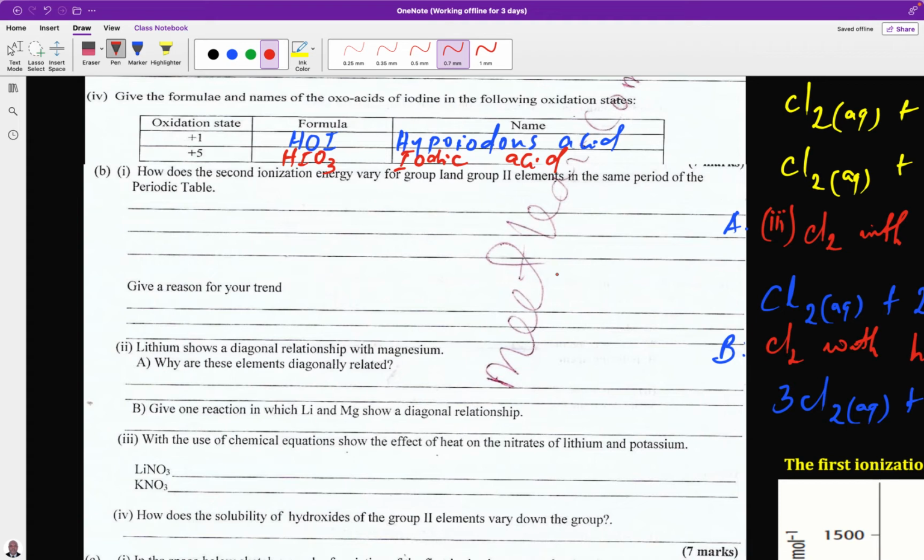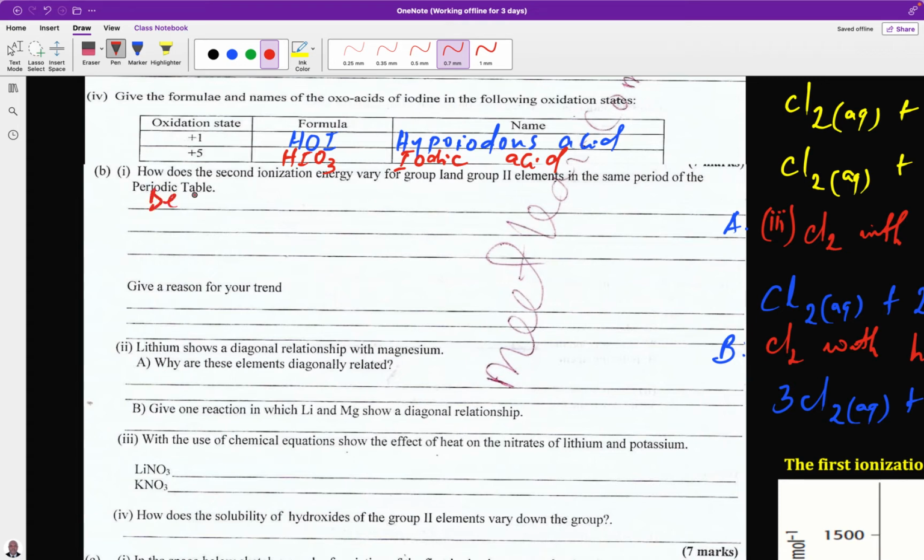The variation in the second ionization energy for group 1 and group 2, how does it vary? Generally, the second ionization energy decreases down the group.